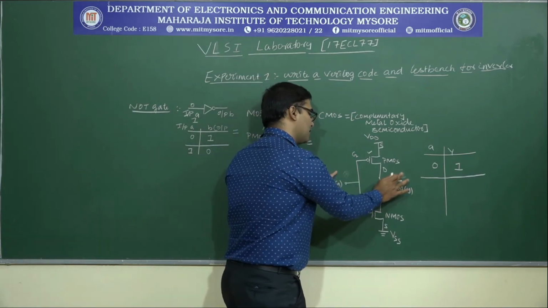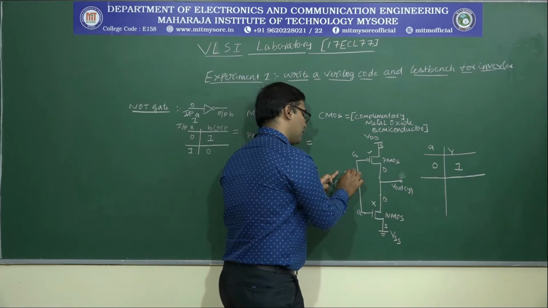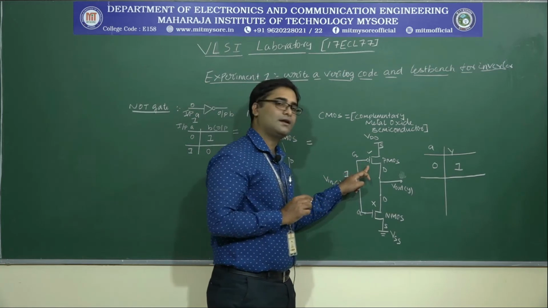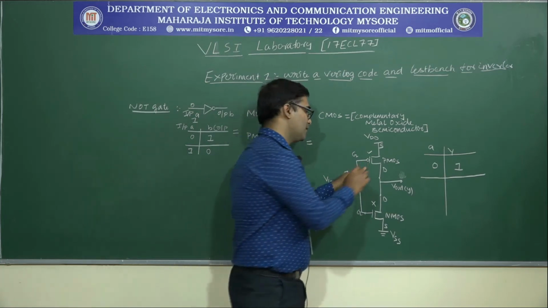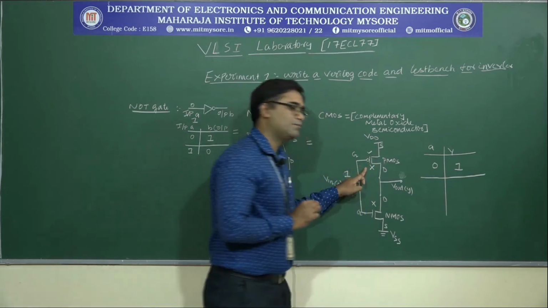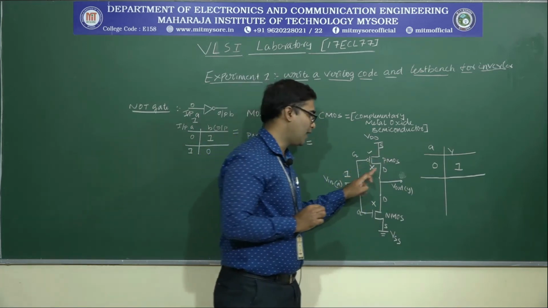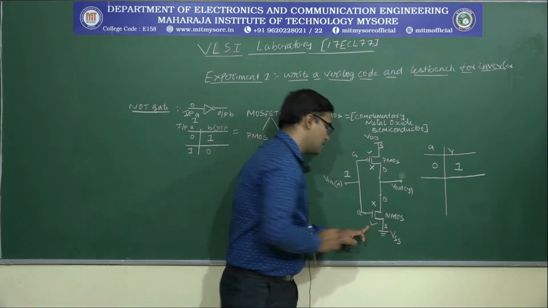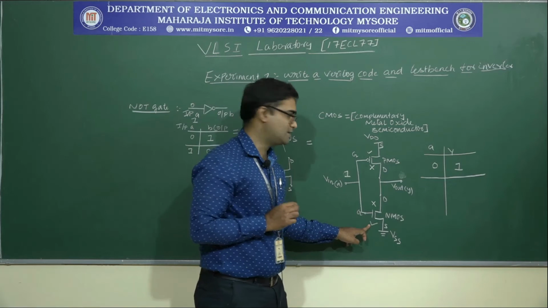Again we will provide input of 1, then the PMOS transistor would be an open switch, or in an off state, and the NMOS transistor is in an on state.